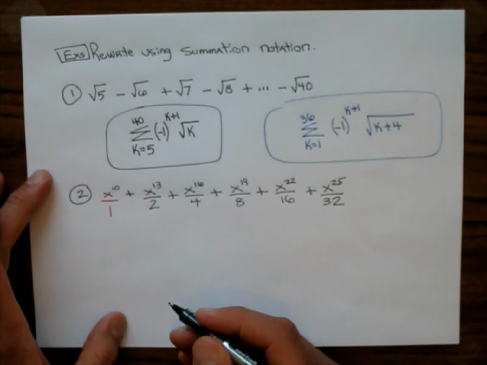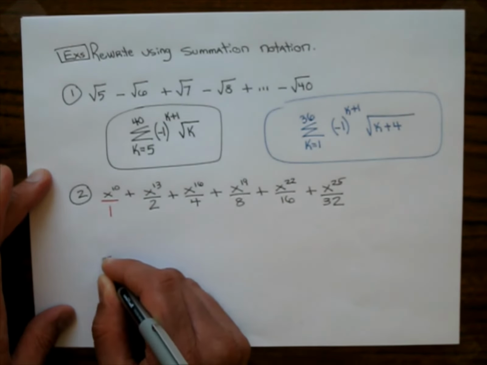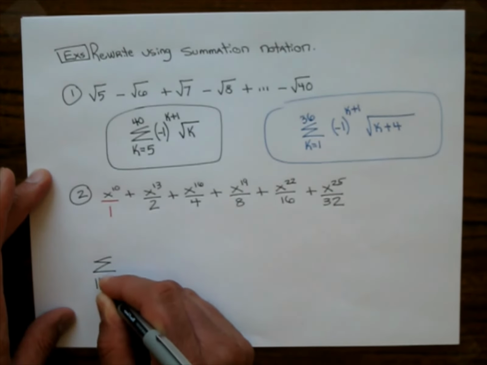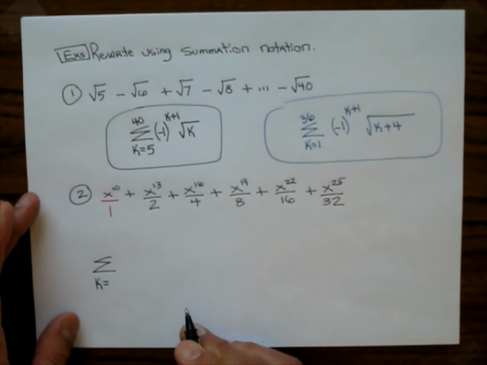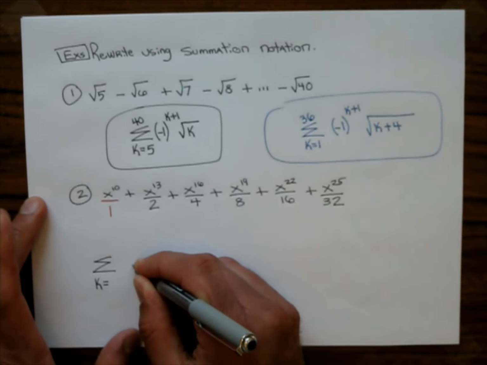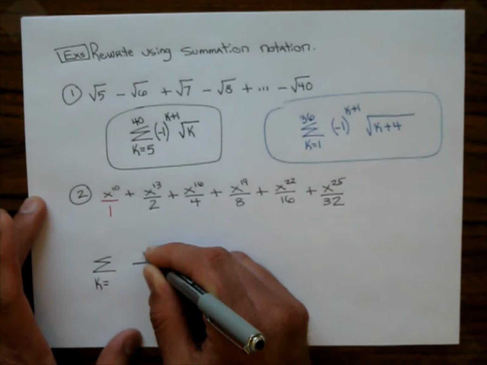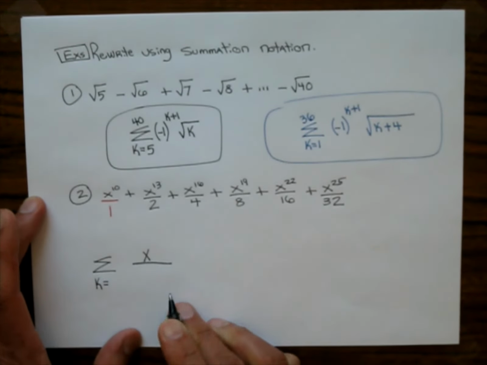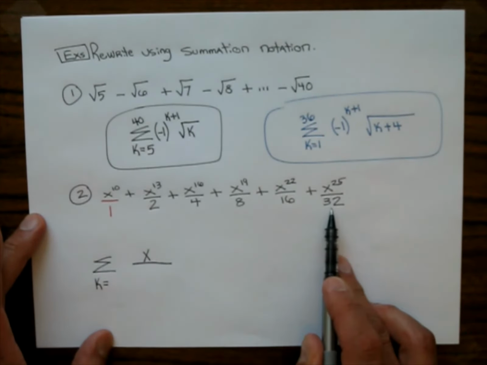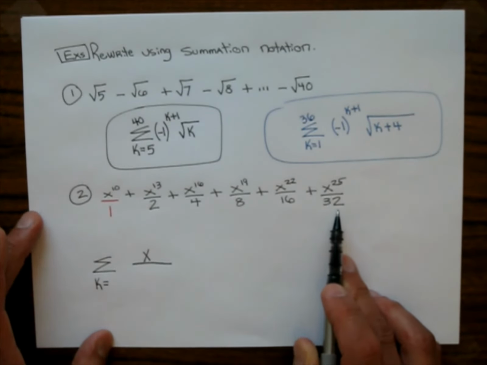Okay, so now I'm going to go ahead and write a summation. And we'll do k again. K equals something. Let's go ahead and take a look at the form of each of the terms. They look like a fraction. It looks like there's an x to some power on the top, and on the bottom it looks like 1, 2, 4, 8, 16, 32.